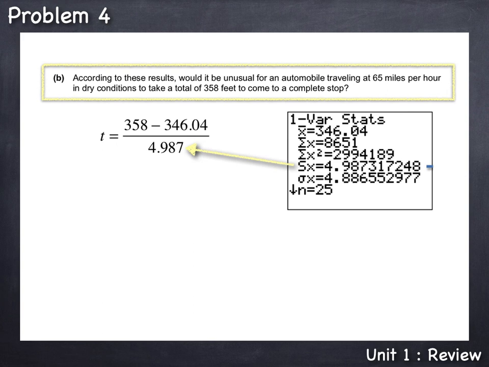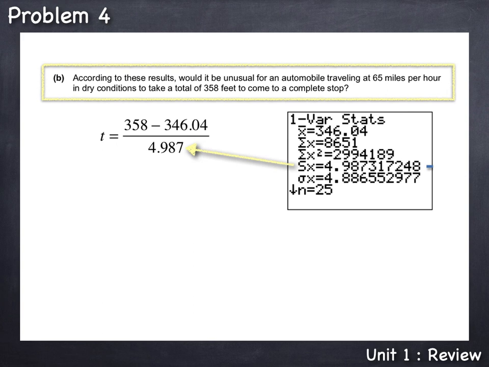In part A, we rounded the sample standard deviation to just the nearest tenth of a foot, or 5.0 feet. But in this problem, we're calculating the standard score. And it's customary for standard scores to be rounded to the nearest hundredth, or 2 places after the decimal. And so if we're going to use any number in the calculation of the standard score that needs to be accurate to 2 places after the decimal, we would need to input numbers carrying at least 1 extra decimal place than the accuracy we need in this problem.